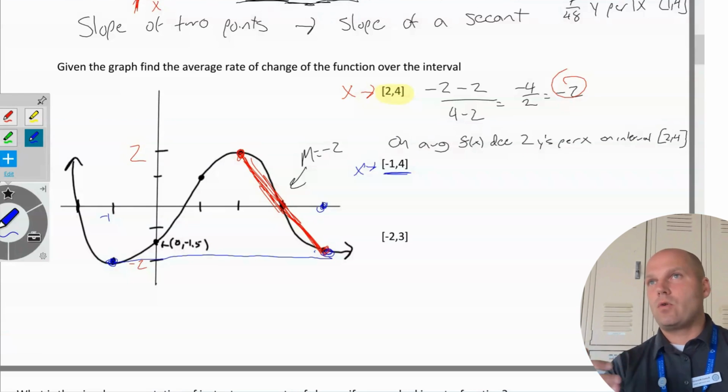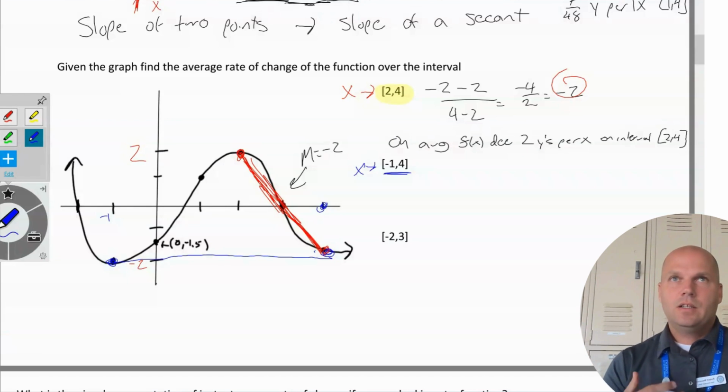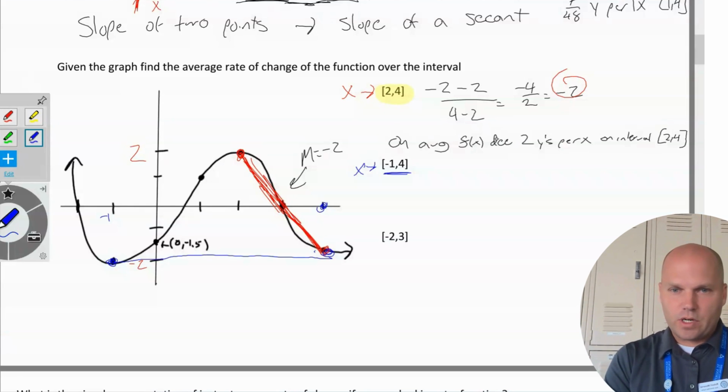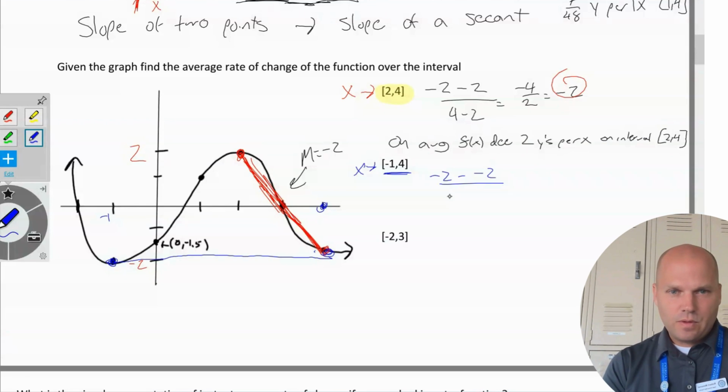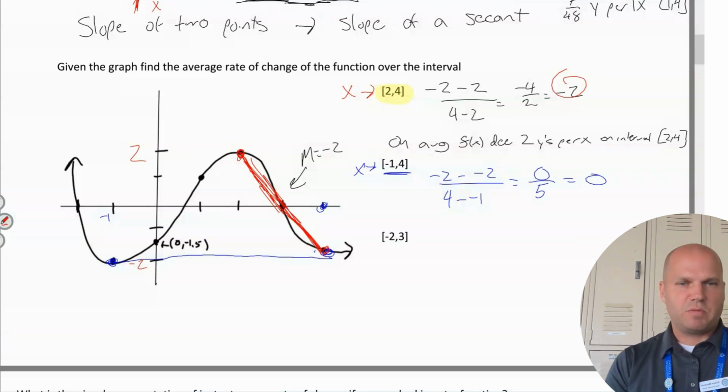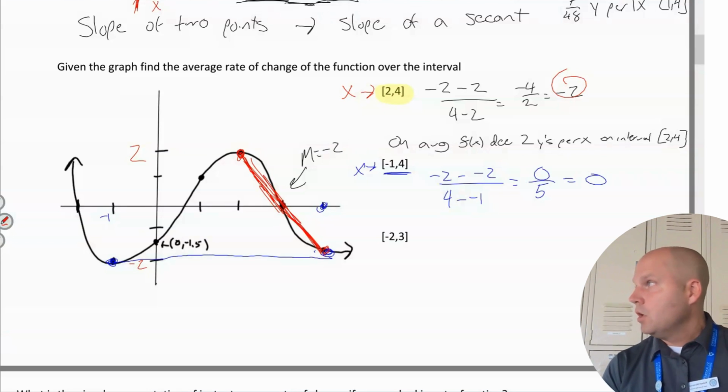Now we should know that horizontal lines, the slope is 0. We could calculate it if we wanted to. -2 minus -2 over 4 minus -1. I can see I don't increase or decrease with my y's. My y's have no change over a change of 5, which means my slope is 0.